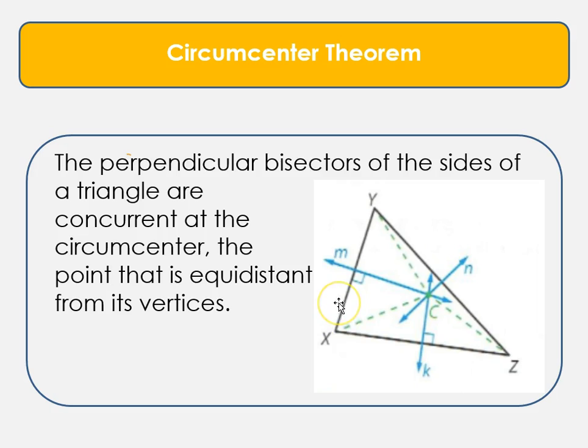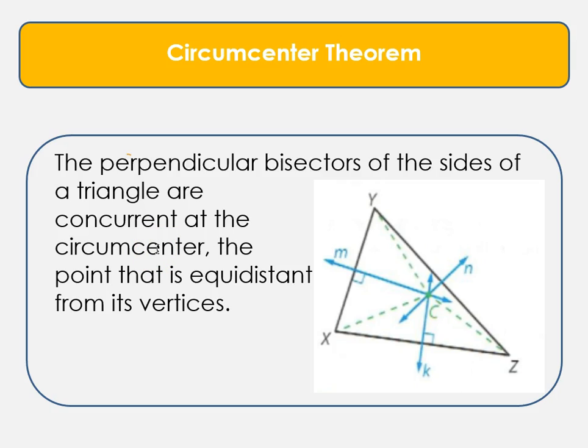We use perpendicular bisectors when we're finding the circumcenter of a triangle. The perpendicular bisectors of the sides of the triangle are concurrent at its circumcenter, and it also creates some other properties.